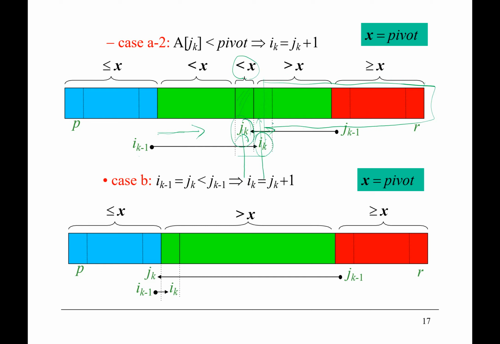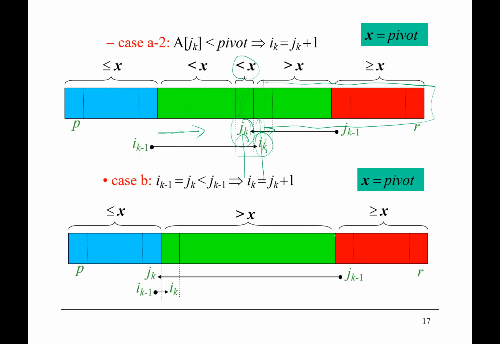So it means at the end of this last iteration, the difference between i_k and j_k will never be more than 1. Okay, so this is i_k and j_k. They stay somewhere in this green region.